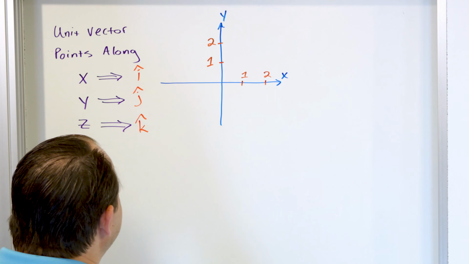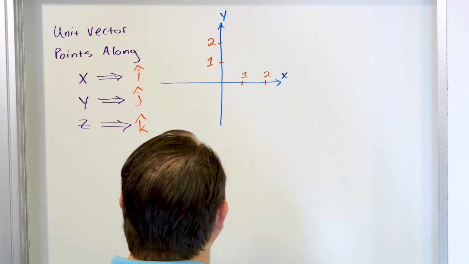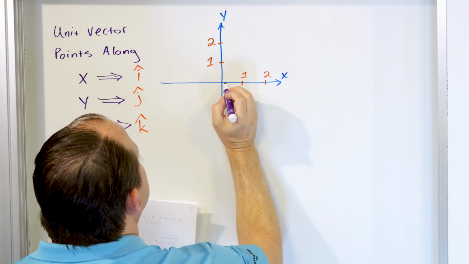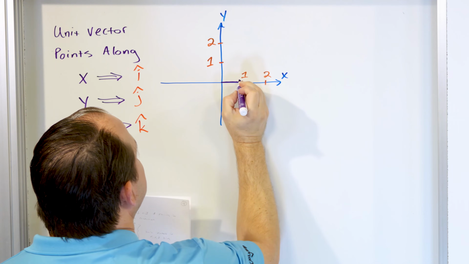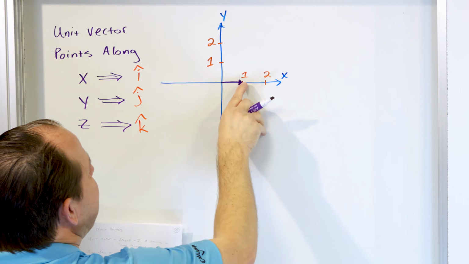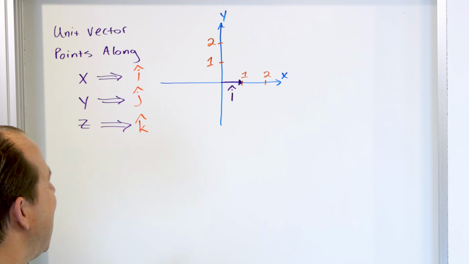Remember, a unit vector is any vector that has a length of 1. That's actually what the definition is. So what we do is if we start here and we draw on top of the axis, pointed in the positive x direction with a length of 1, we call this the i hat unit vector, or the i unit vector.